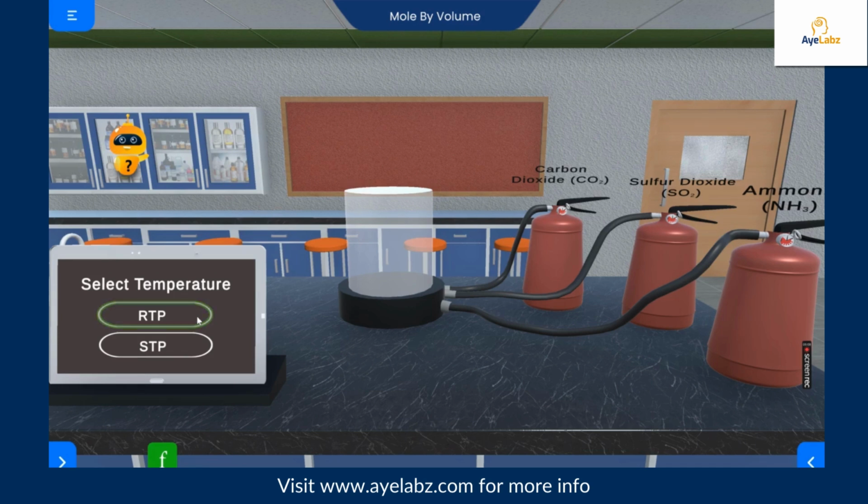At STP, that is 0 degrees Celsius and 1 atm pressure, and RTP, that is 25 degrees Celsius and 1 atm pressure, 1 mole of any gas occupies 22.4 liters in STP condition, and in RTP condition it occupies 24.4 liters.